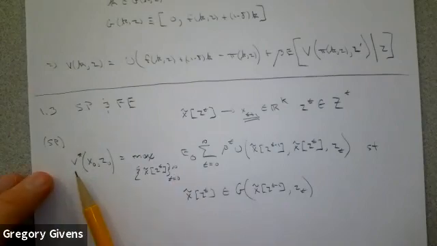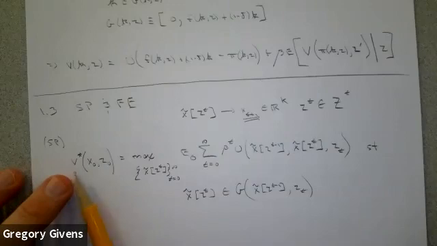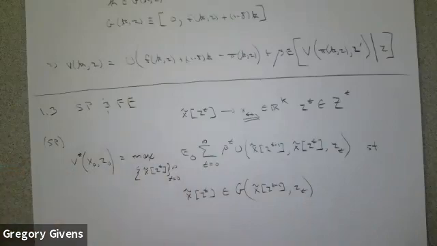V star is again the value function here. It's the value of pursuing a sequence of contingency plans that maximizes the right-hand side. We've talked about the conditional expectations operator. We've talked about the constraint correspondence. What else?